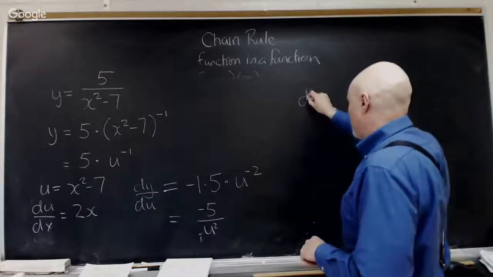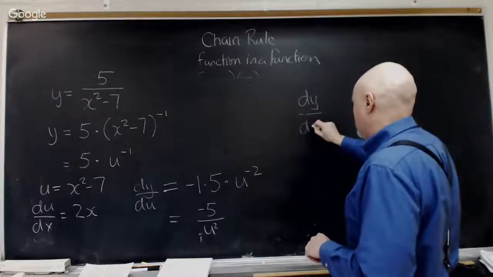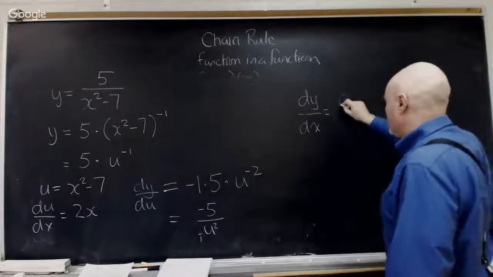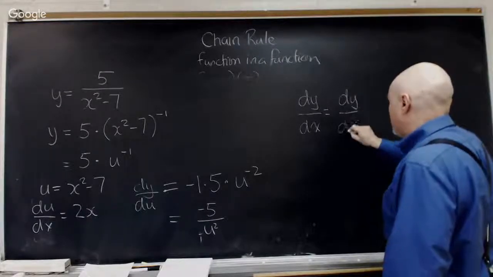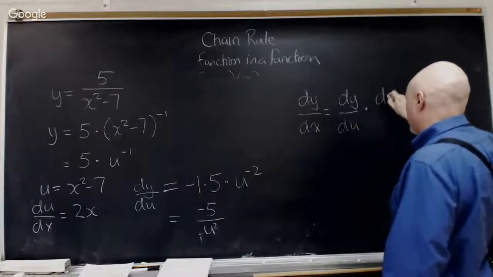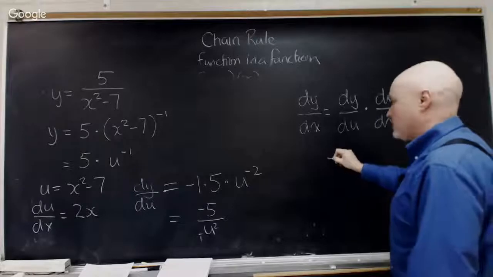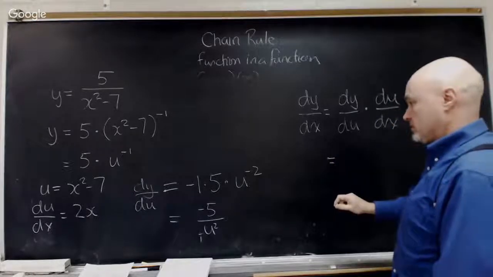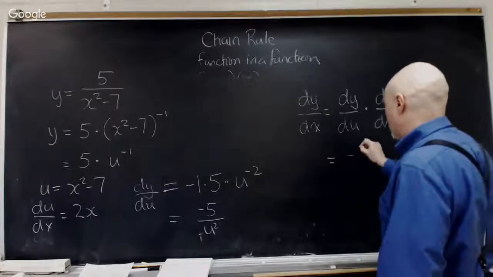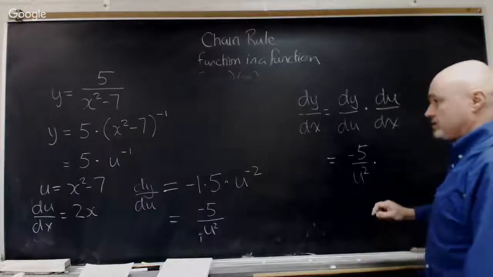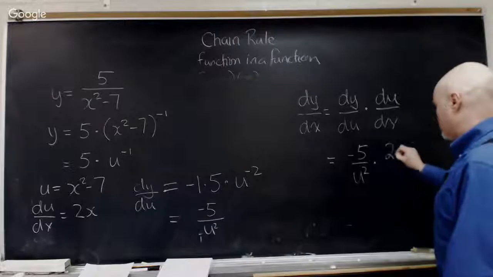And so dy/dx is equal to dy/du times du/dx. dy/du is negative 5 over u squared, and du/dx is 2x.